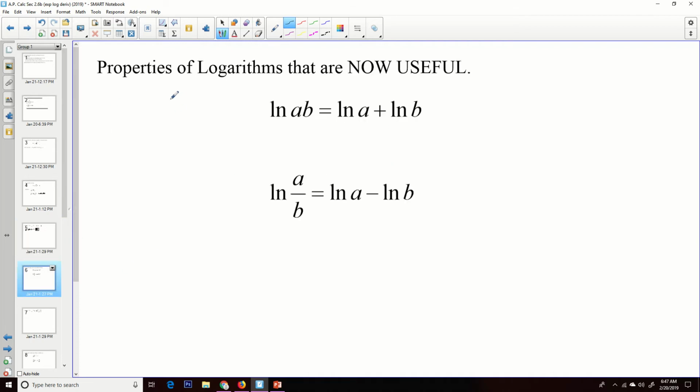Now, again, just reviewing, these properties are now useful. We learned them in Algebra 2, and I said it was just a good time to introduce them. But now they become useful because we can stop having a chain rule that needs a product or quotient rule in there together, and we can separate them and make the derivative a little bit easier.